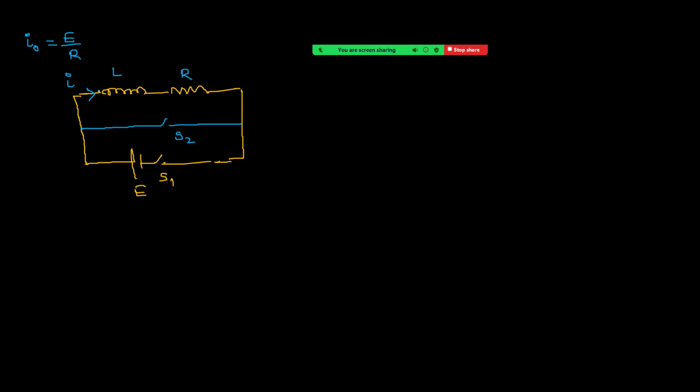Once you close S2 by opening S1, this energy is lost across the resistor in the form of heat. So current is decreasing. Why? Because energy equals half L I square, and as I decreases, the energy stored in the inductor decreases, in the form of heat across the resistor.